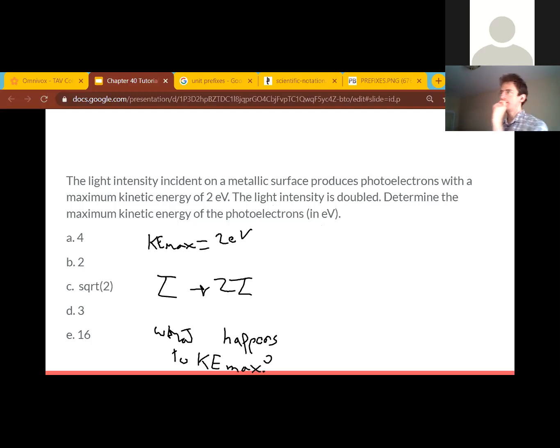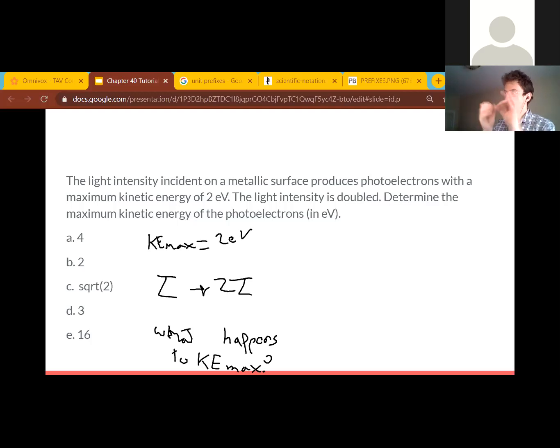So it turns out that the intensity of light determines the amount of photons that are being emitted from a lamp, the light source, the laser or whatever, but it doesn't determine their energy.